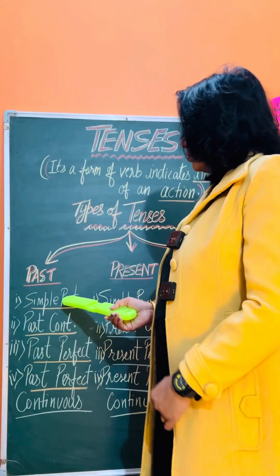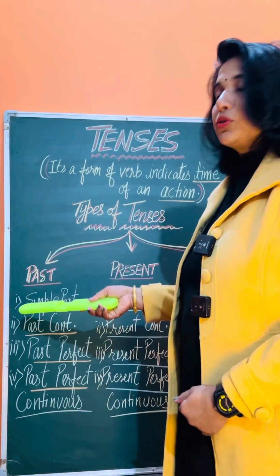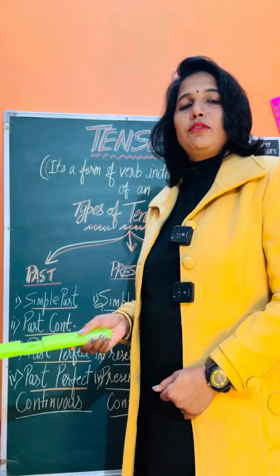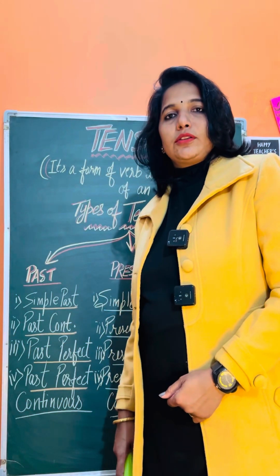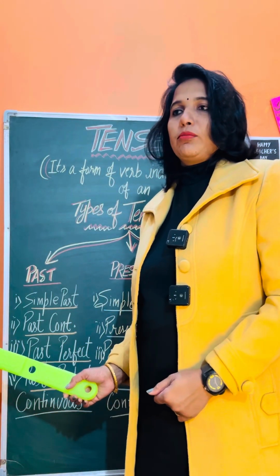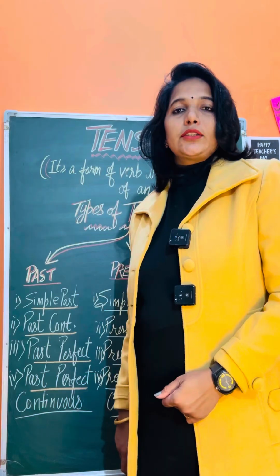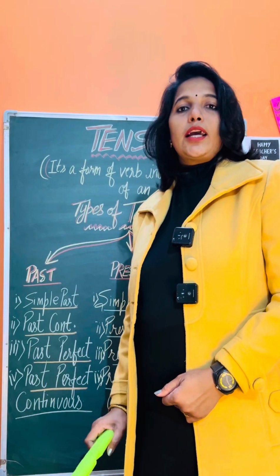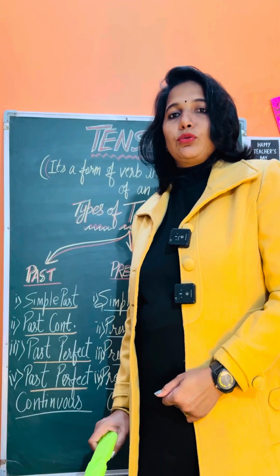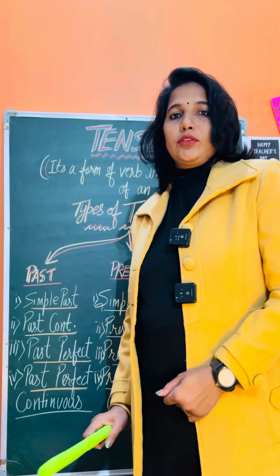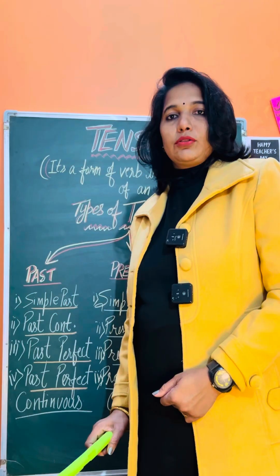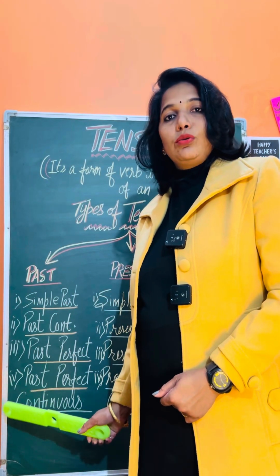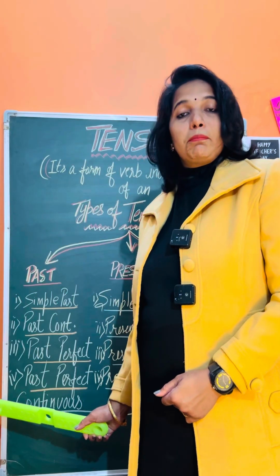So you need to identify this, and the formation of the sentence will be subject plus second form of verb plus object. Also keep in mind that simple past is the one and only tense where the second form of verb is used, right? In no other 11 tenses is the second form of verb used, excluding simple past tense.